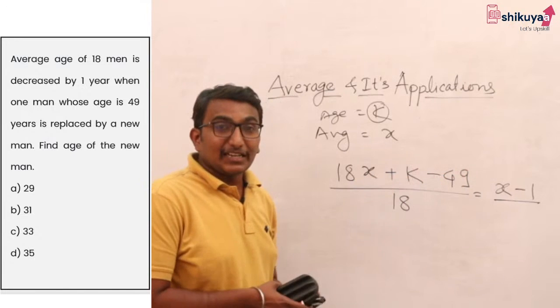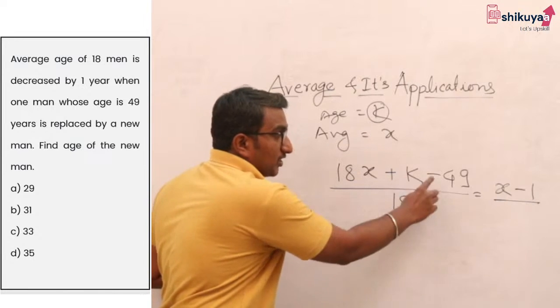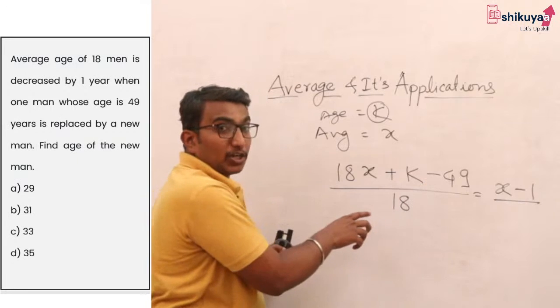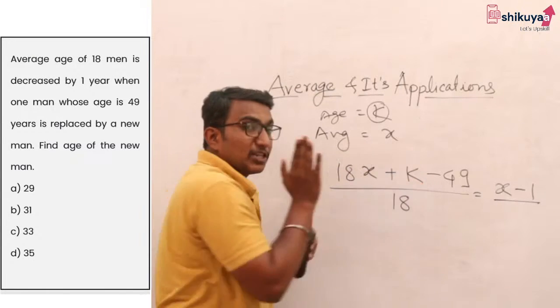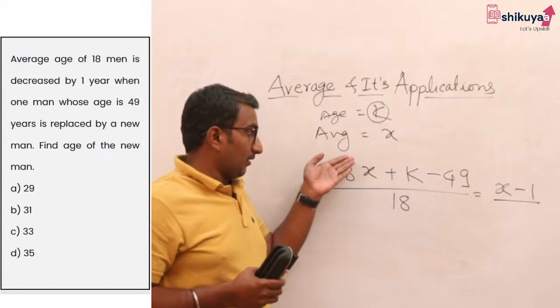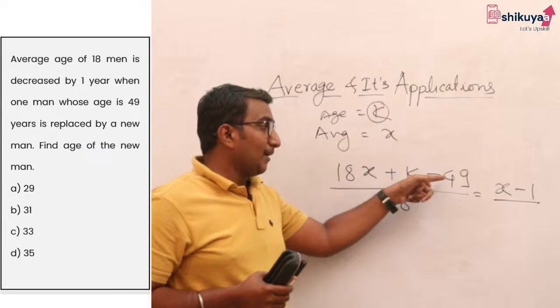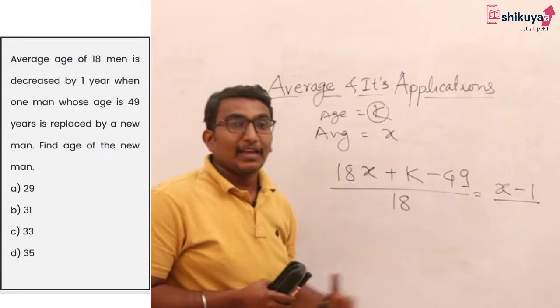So there is a replacement of values. Whichever is entering, we have added plus; whichever is leaving the group, we have added minus, divided by 18, because this numerator is for the sum. The sum is 18x, which is the actual average into n, plus the replaced values, k minus 49, which is equal to the new average, because it is reducing by 1.